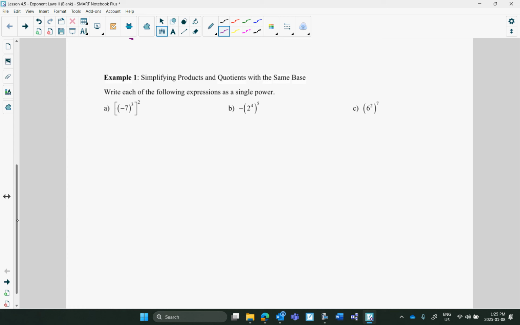Right, so what does the base look like? Like that? Do I need anything else? Brackets. Parentheses. And then 3 times 2. Let's look at C. I know, and then we'll go back.